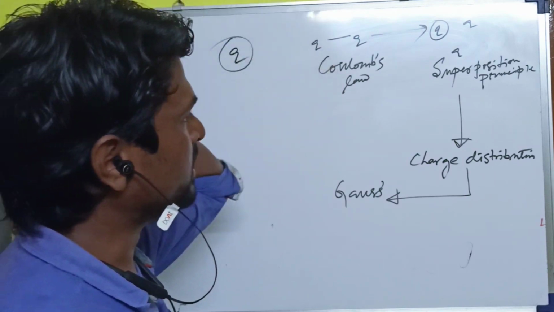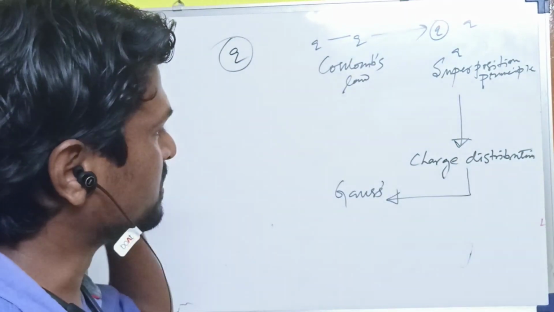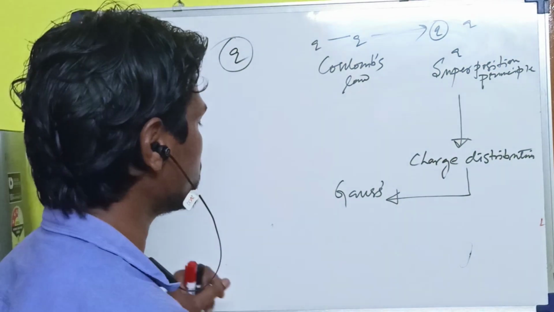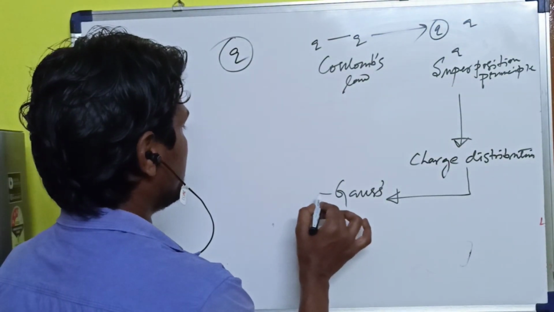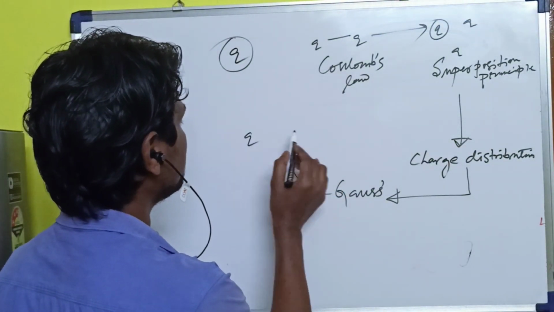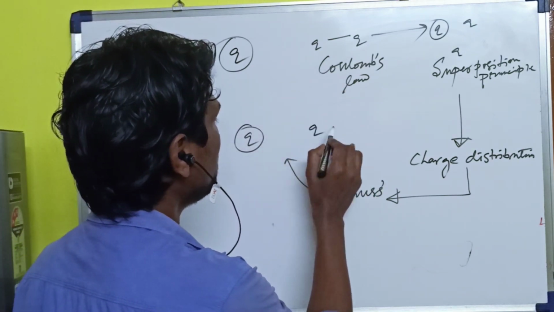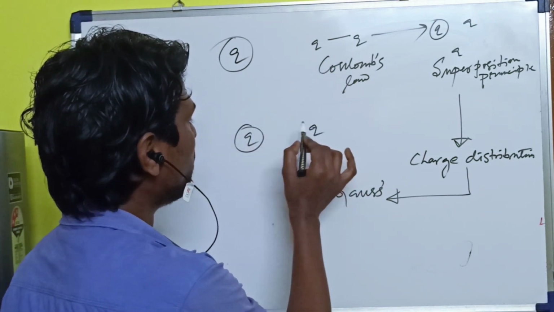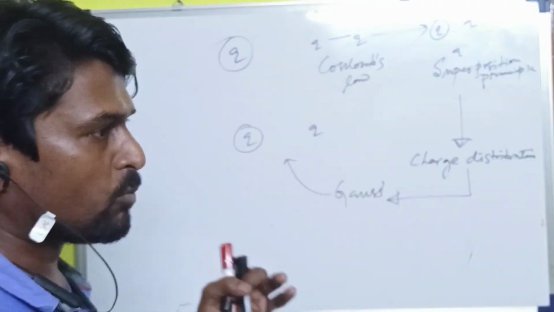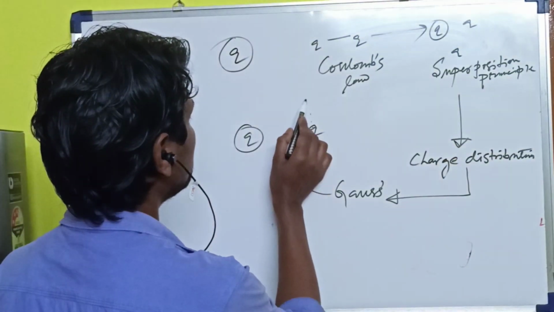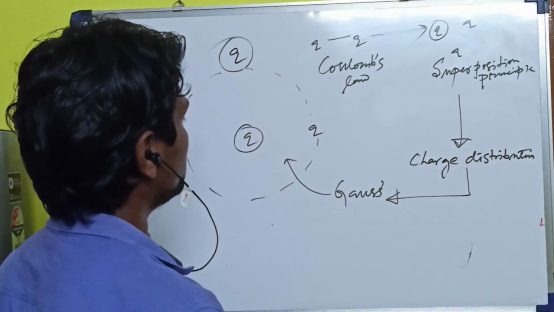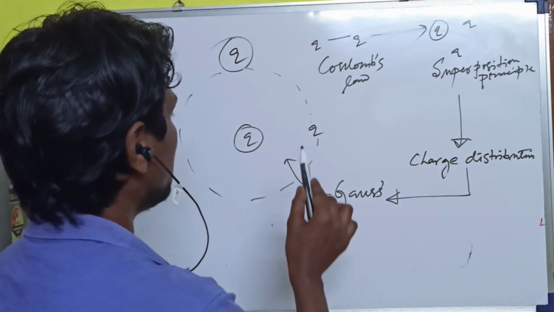So electrostatics means charge, Coulomb's law, the superposition principle, charge distribution, and Gauss's law. When a charge is kept here, it creates a field. And if we place another charge over here, some work is done on that charge.